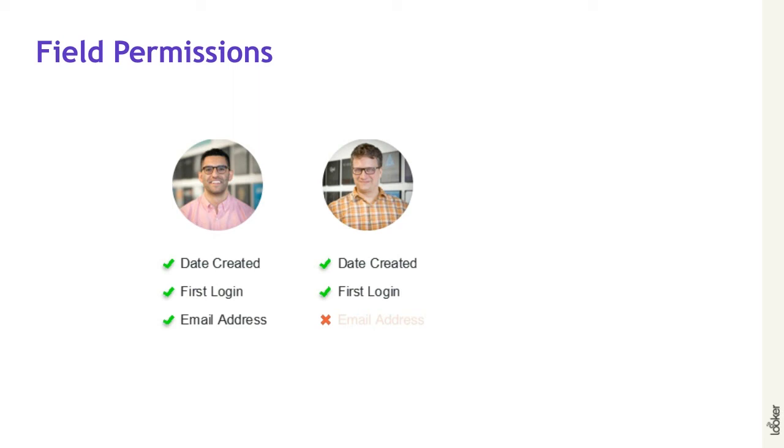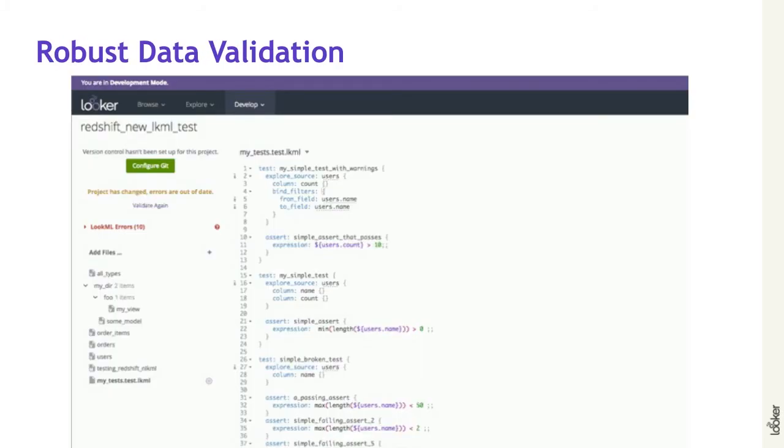Another thing that we're first rolling out in Looker 6 is this idea of data validation. It's really an idea we're borrowing from software developers who use unit testing to really make sure that the software is working the way that they intended and that they didn't break anything. And we're really bringing this to the data world. You might have a value for revenue last year and you want to make sure that no changes you made to the data model messed up that value, that it stays constant.